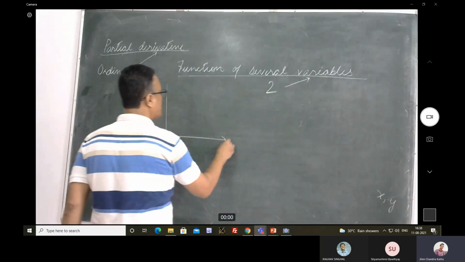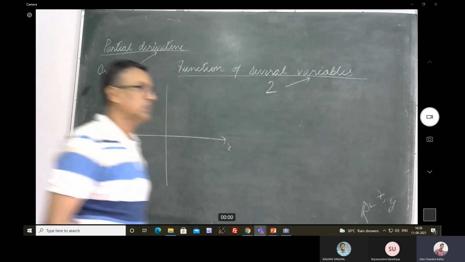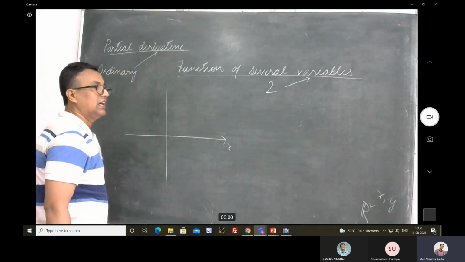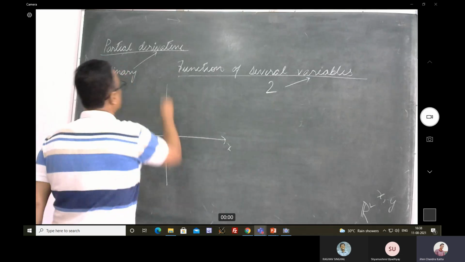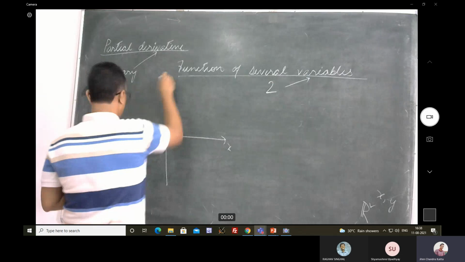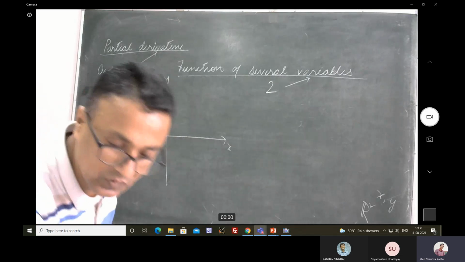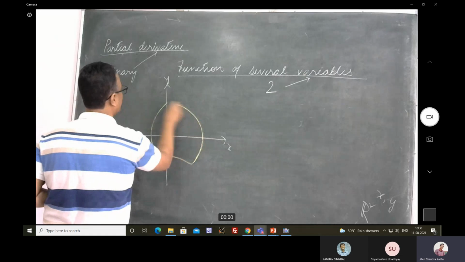So we are going to use R2, such that we can consider an ordered pair, a point belonging to the xy plane in some domain, and let us consider that domain to be something like this.